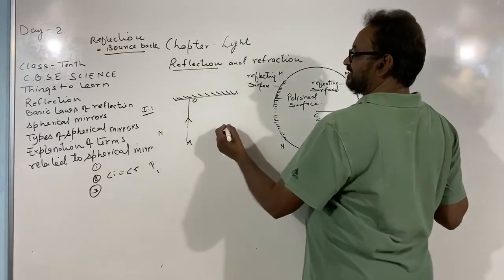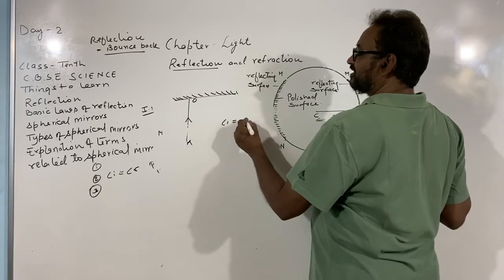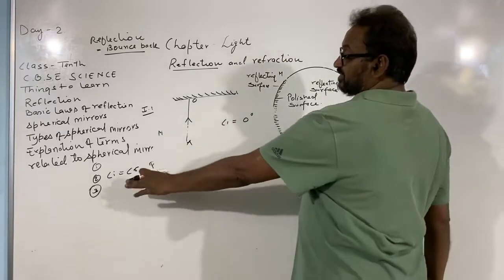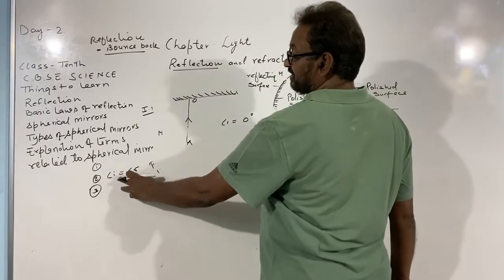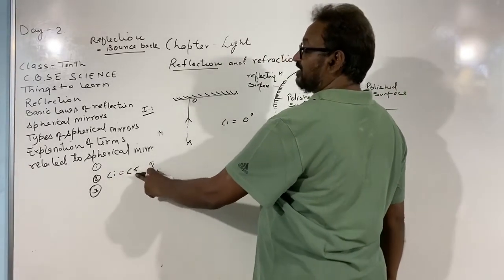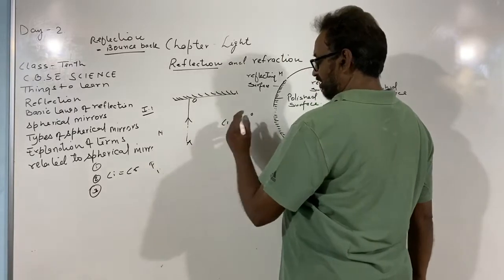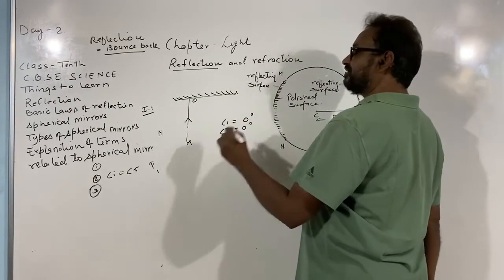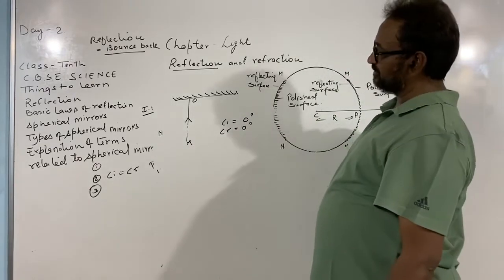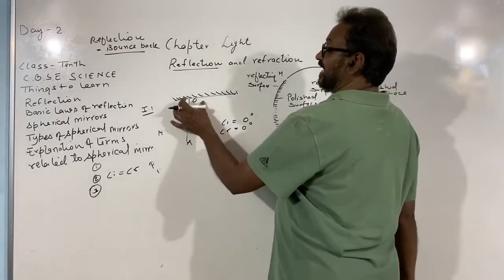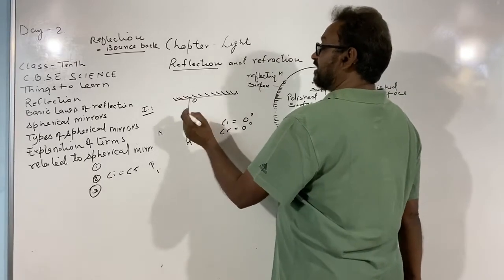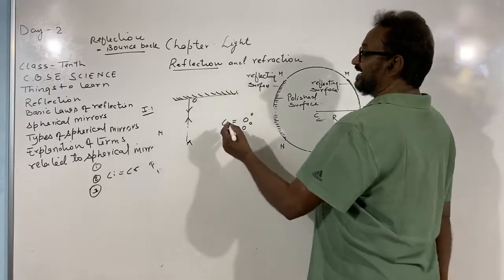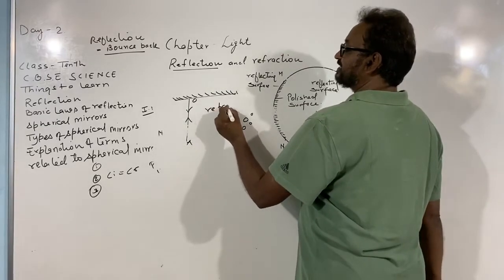In that situation, the angle of incidence will be equal to 0 degree. Now, according to the laws of reflection, the angle of incidence is equal to the angle of reflection. Obviously, the angle of reflection in this case will also be equal to 0 degree. It means if a ray of light is incident normally, it will be reflected back along the same path. It will retrace its path.